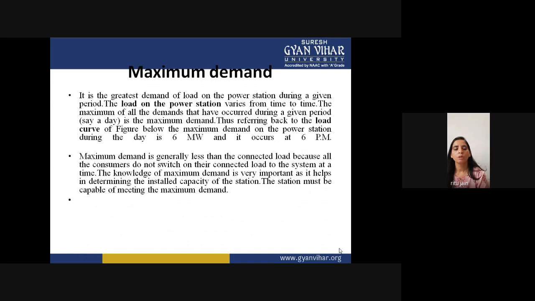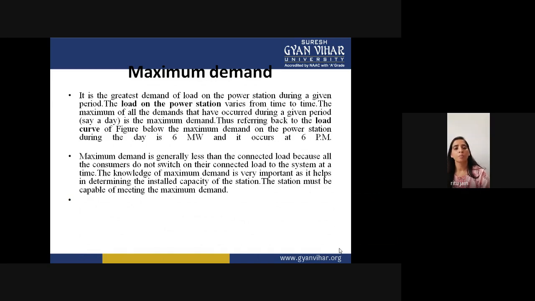So your connected load may be 1000 watt, or 500 kilowatt, but your maximum load is always less than your connected load, right? Are you getting my point? That your connected load is always greater than your maximum demand.